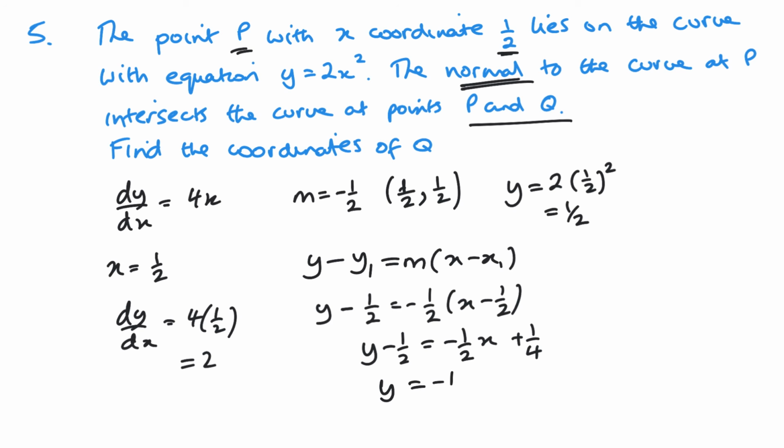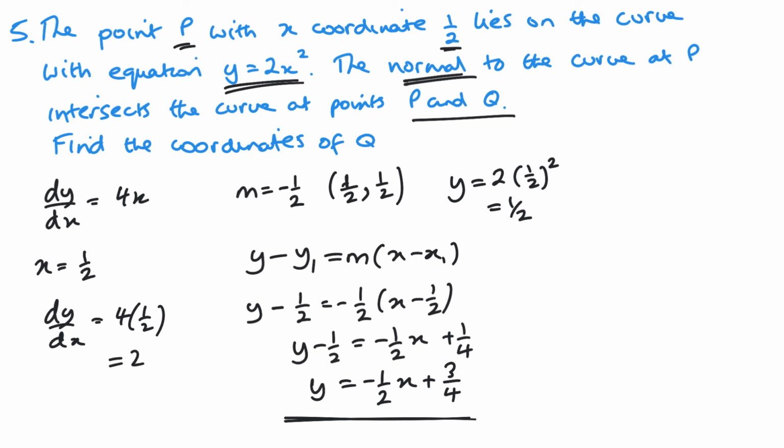So y equals minus a half x, adding a half gives me 3/4 there. So that is now the equation of the normal through P and Q. Now what I need to do is equate it with this equation of the curve to see where they intersect. We already know one point, we just need to find the other.